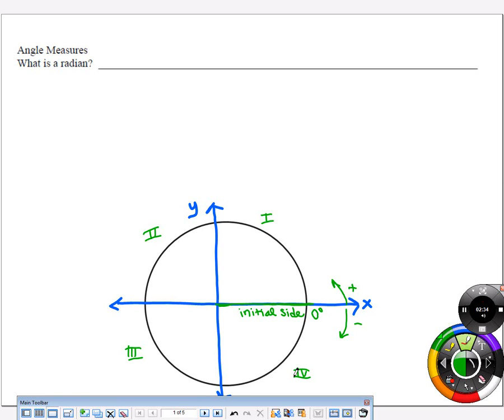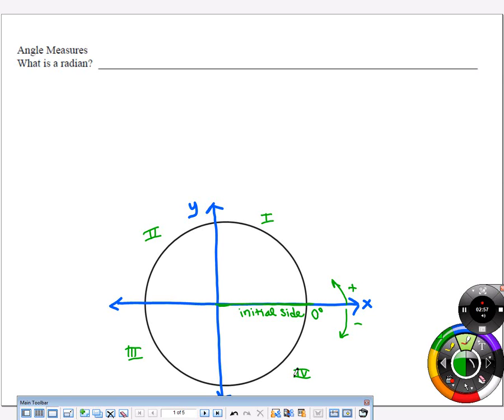And then quadrant 2 would be any angle from 90 degrees until we hit 180. And then quadrant 3 would be anything from 180 to 270 if we add 90 to 180, right? And then quadrant 4 would be anything from 270 all the way back to the beginning, which we would have traveled 360 degrees. Does that make sense to everybody?